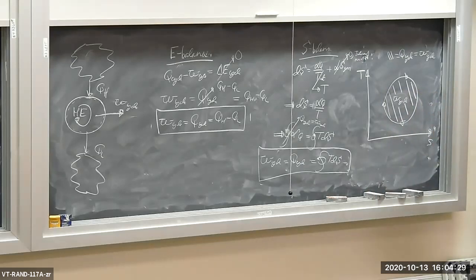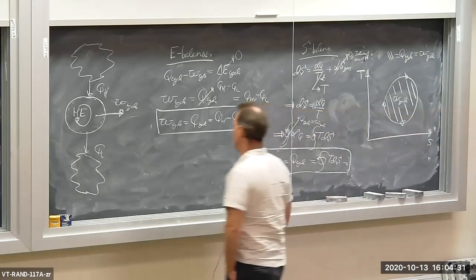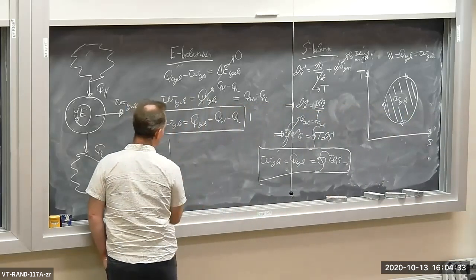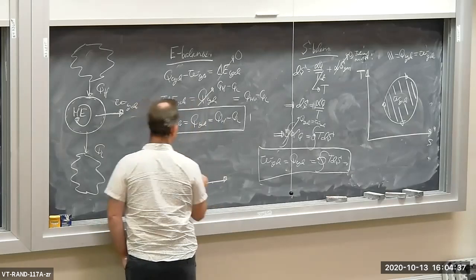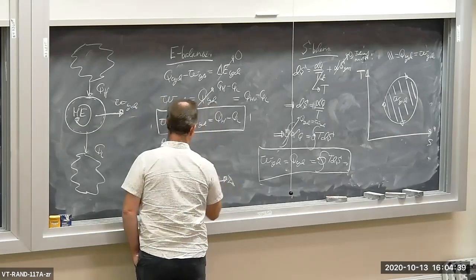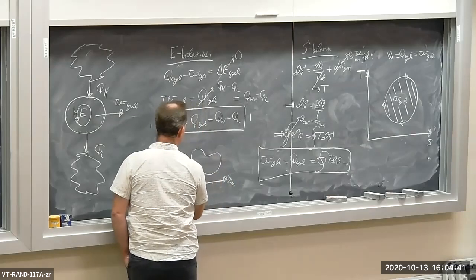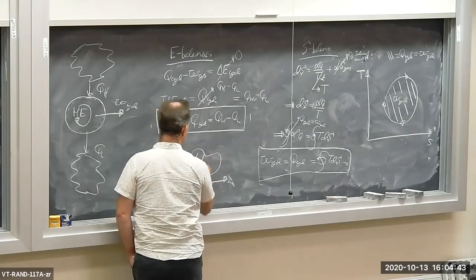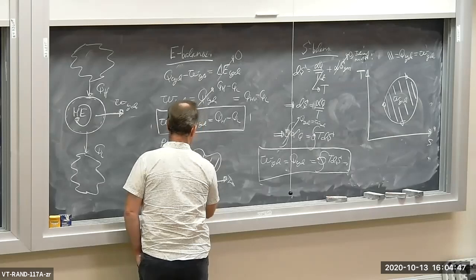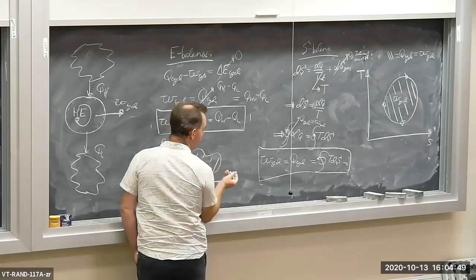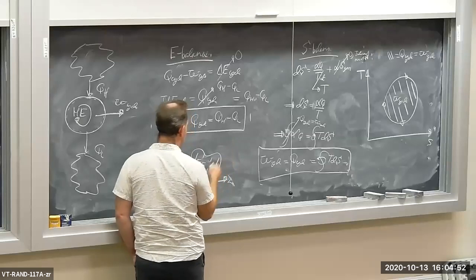That's nice because remember the area bound by the PV curve was the boundary work, or the cycle work because the work is boundary work.